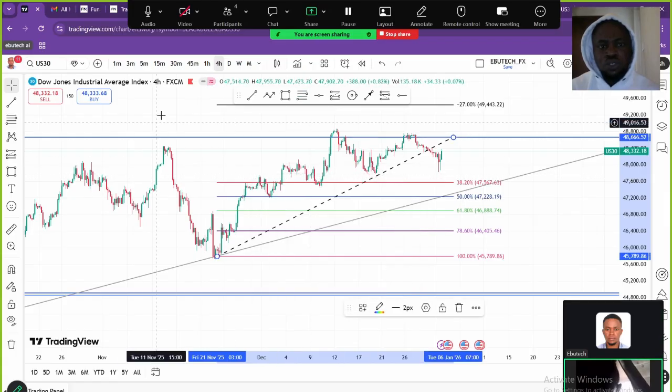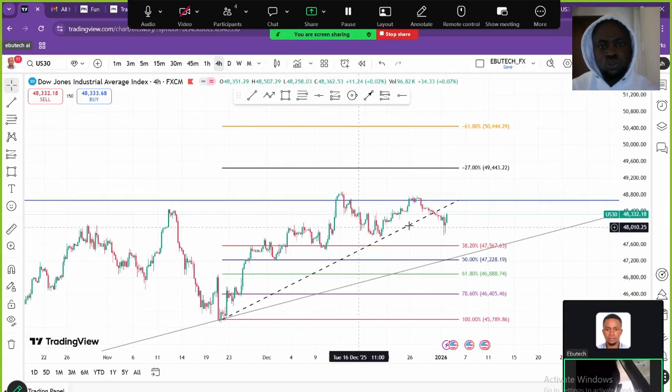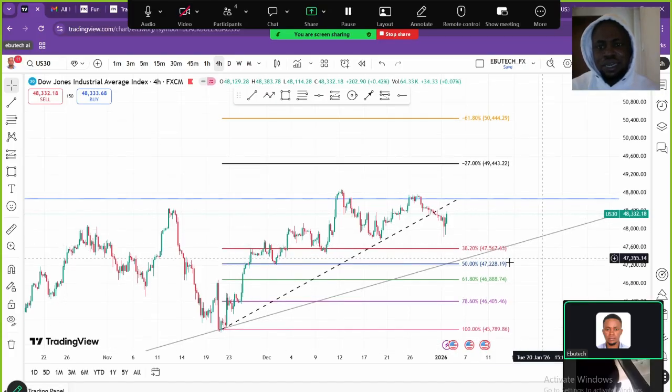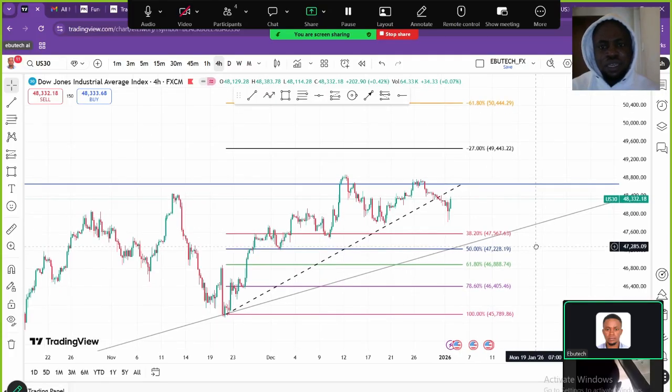This Fibonacci tool is a tool you will use to mark out where the market arrived and where the market is going to. Do you understand?